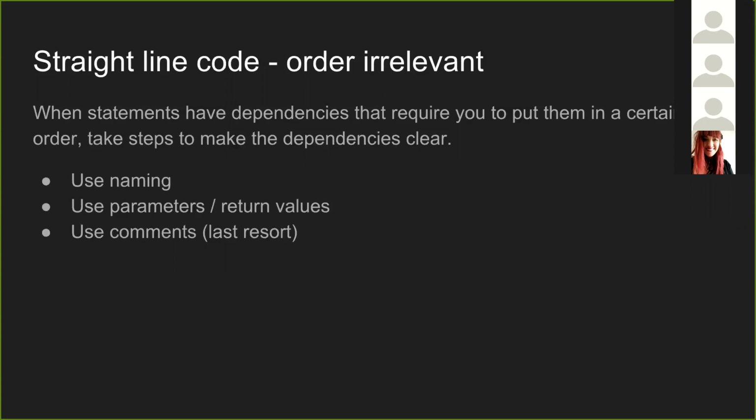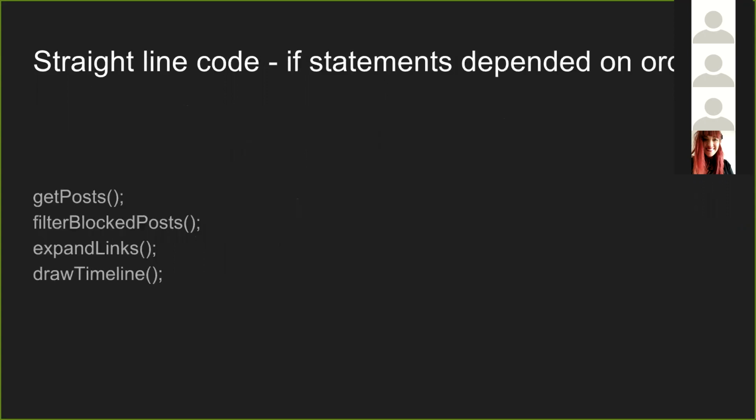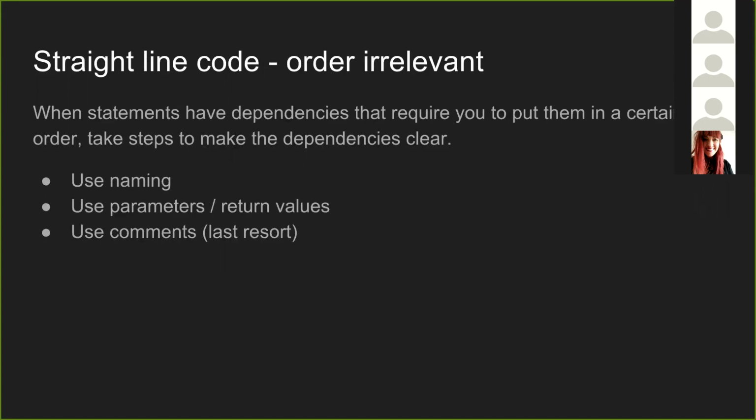If you have straight line code with statements that depend on order, and the dependency is not clear, this is a mistake. You have to make clear the dependency between those statements. If it's not clear, there may be readability issues. So you have to use naming.